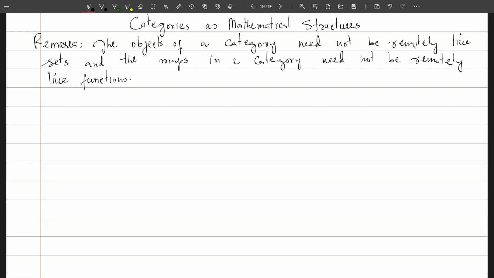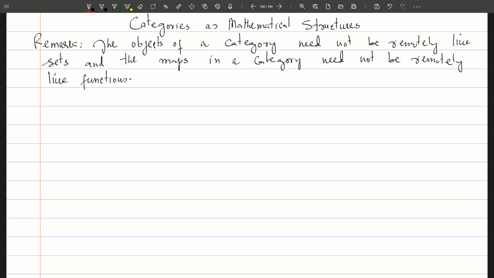Now we do some examples that illustrate these pointers. So we are now going to discuss categories as mathematical structures.